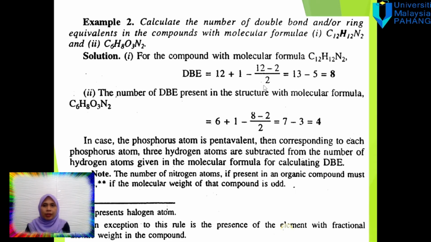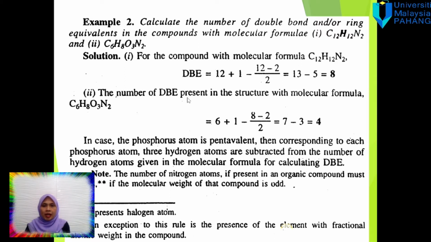We see an example where the molecular formula gives the number of nitrogen: C12H12N2. How can we calculate the DBE? 12 is the number of carbon plus 1, minus 12 which is the number of hydrogen, and this 12 needs to be divided by 2, and because of the presence of nitrogen, the nitrogen is also deducted. The total number of the DBE is 8 for this structure.